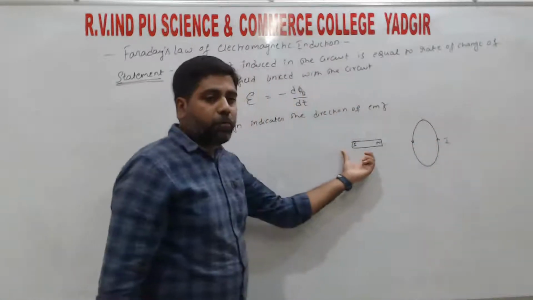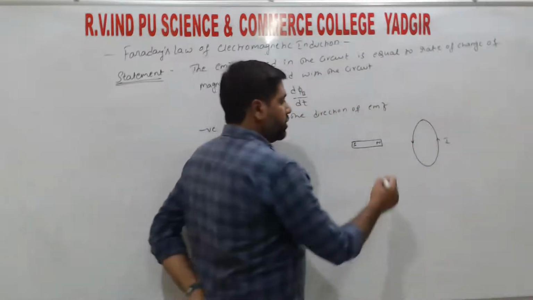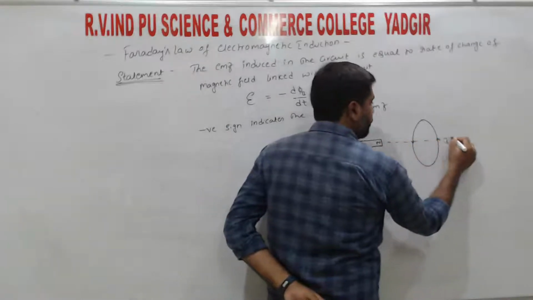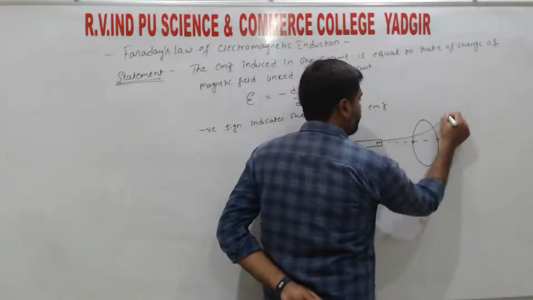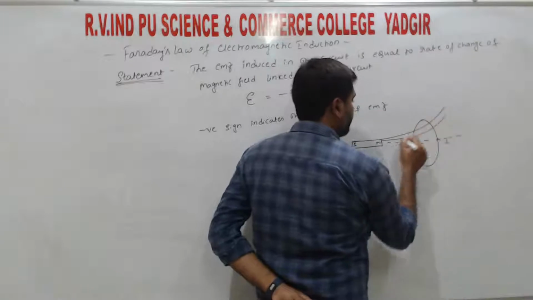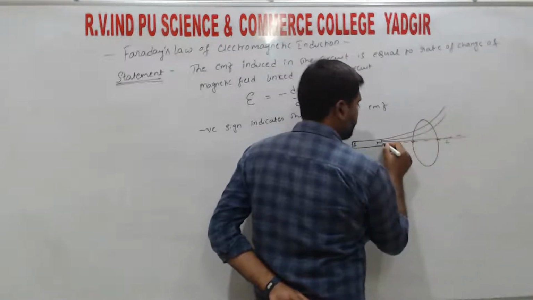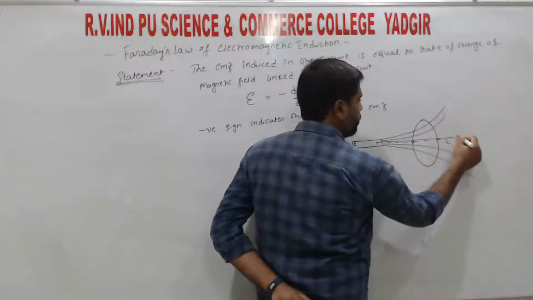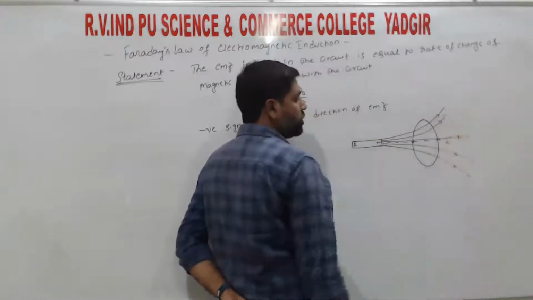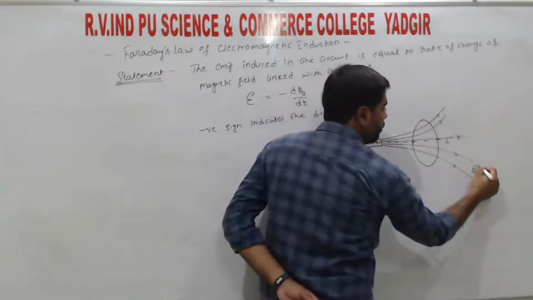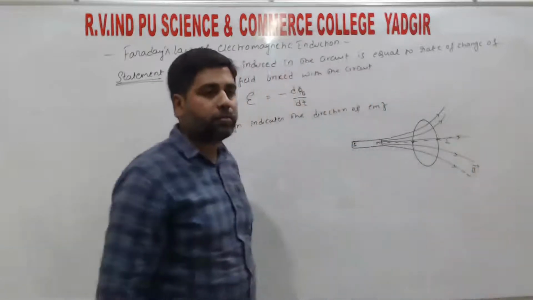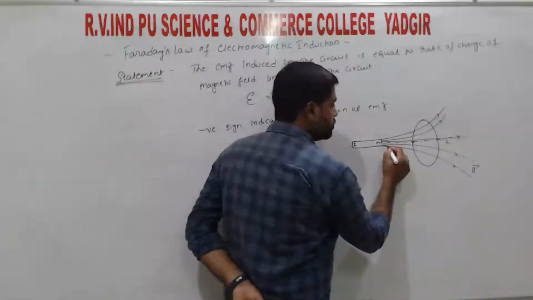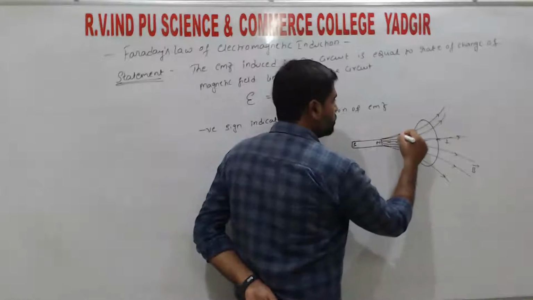This magnet produces the magnetic field. These are the magnetic field lines B, right?